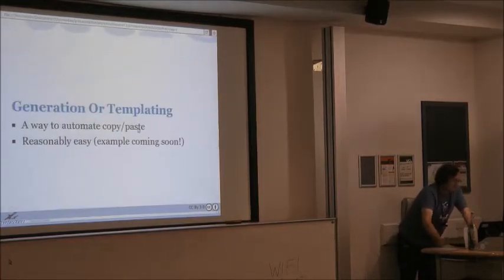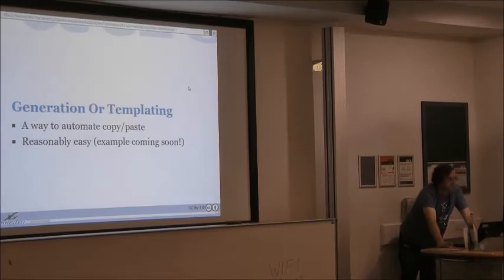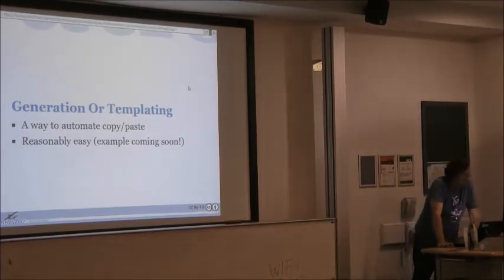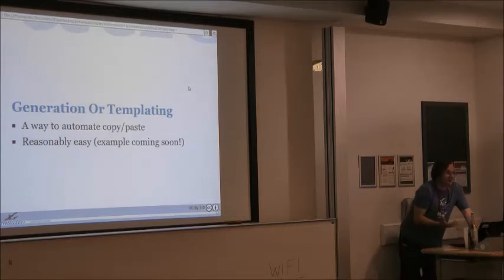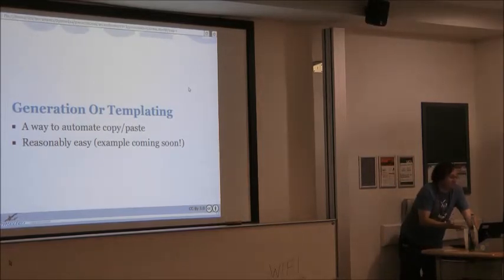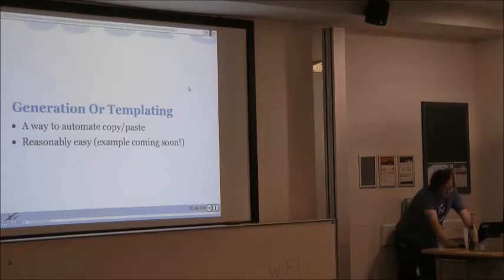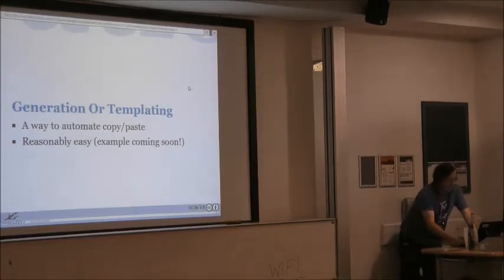So this generation or templating can be seen as a way to automate copy-paste. Because we are XML developers, most of us use XSLT. And when we have something complex to generate, one of the obvious ways for us is to use XSLT. And it's reasonably easy to do.